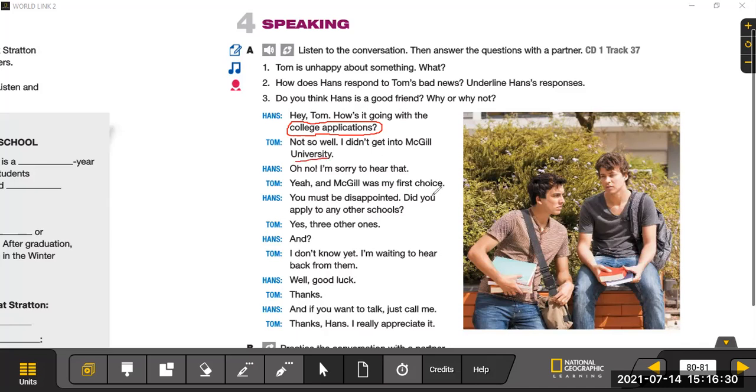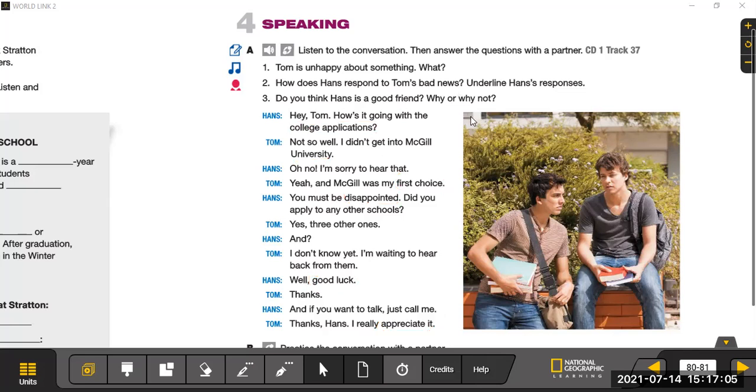University, first choice, disappointed, good luck, and appreciate it. It is like they were together, appreciate it.